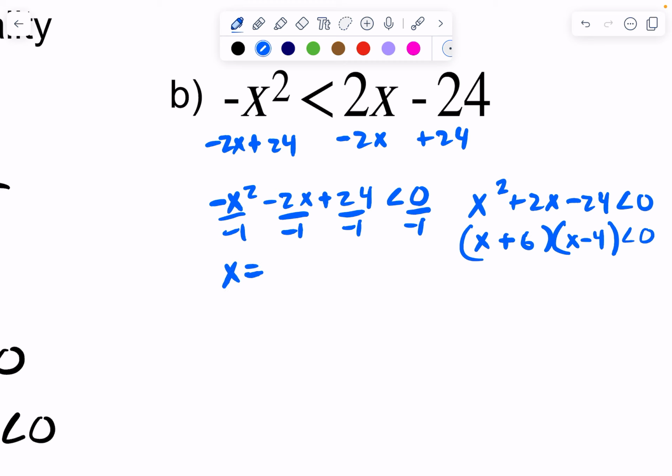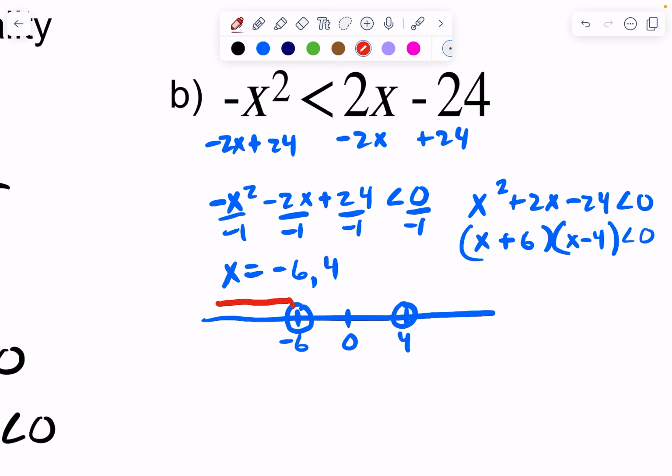My zeros are x equals -6 and positive 4. So I'm going to create my number line here with my -6 and my 4. This is open circle because x squared plus 2x minus 24 is less than 0, so it's open circles.